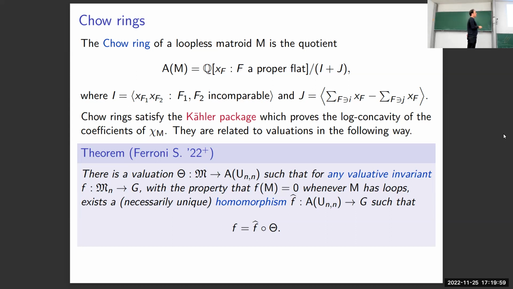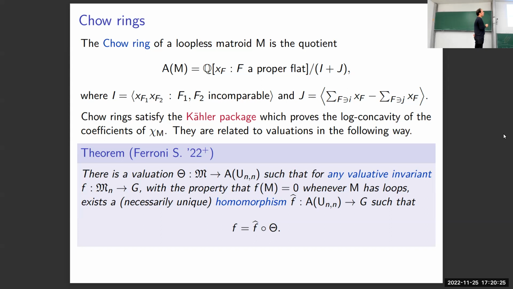Then I can find a homomorphism from this Chow ring into my group, such that my original valuation factors through this homomorphism. Can you explain the notation of the n factor? I will just say what this means. Yes, okay. These are all the matroids where the ground set is fixed and of size n.